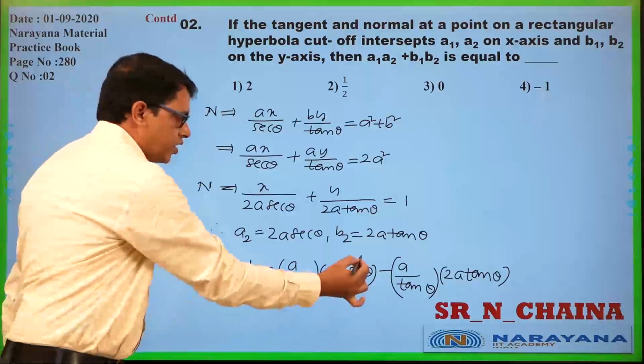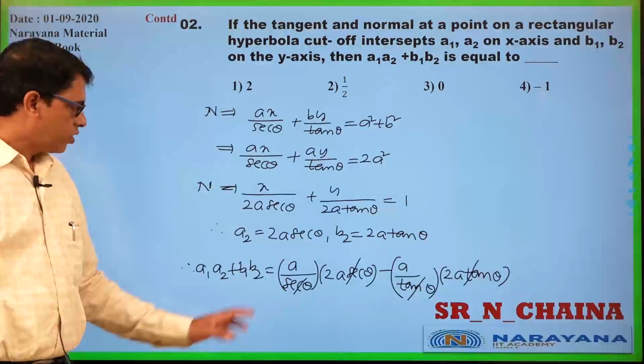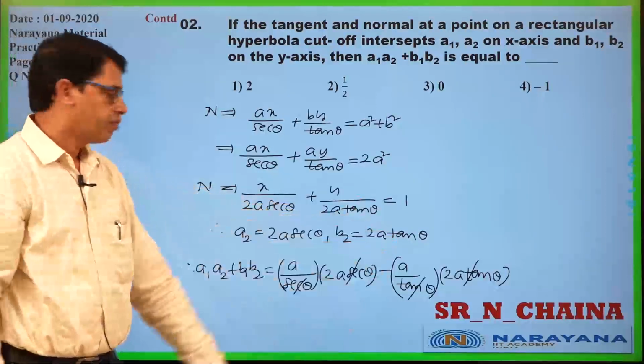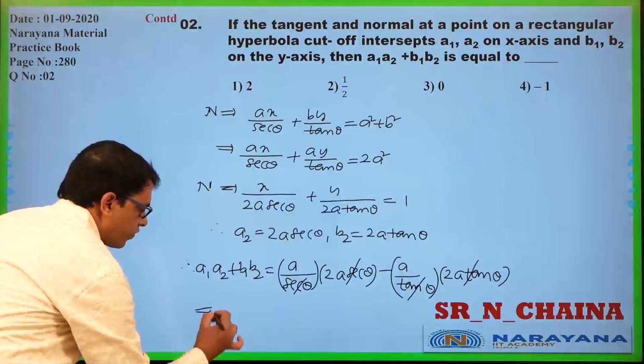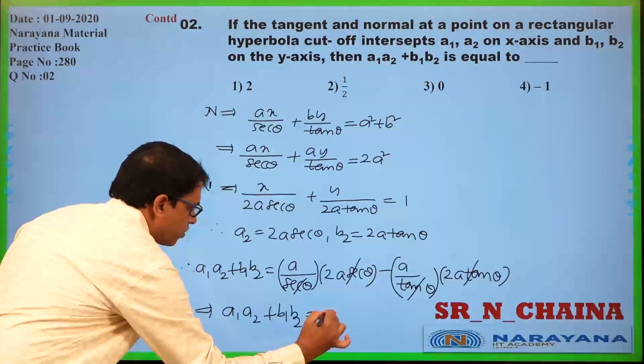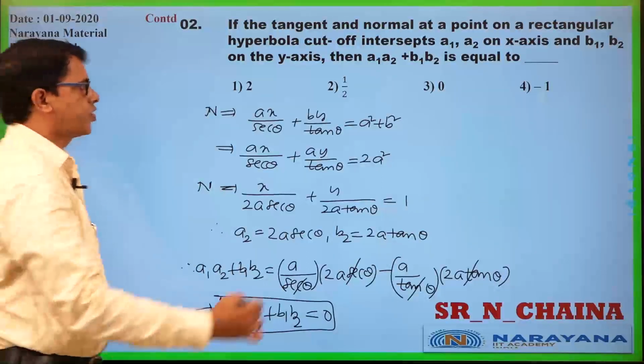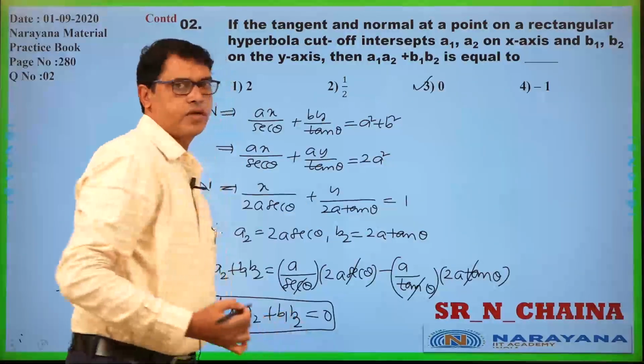Here secant theta cancels out, tan theta cancels out. We are left with 2a square minus 2a square, which becomes 0. Therefore the value of a1 a2 plus b1 b2 equals 0. Third option.